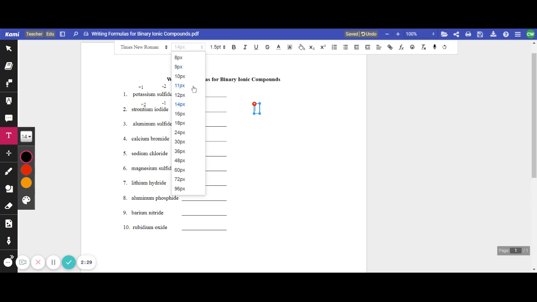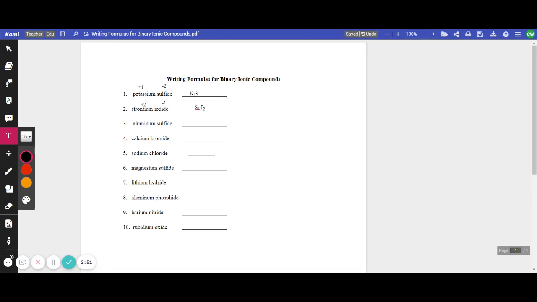We want those to cancel out, and in order for that to work, we're going to need 2 iodide atoms bonding with strontium. So we have SrI2, strontium iodide.